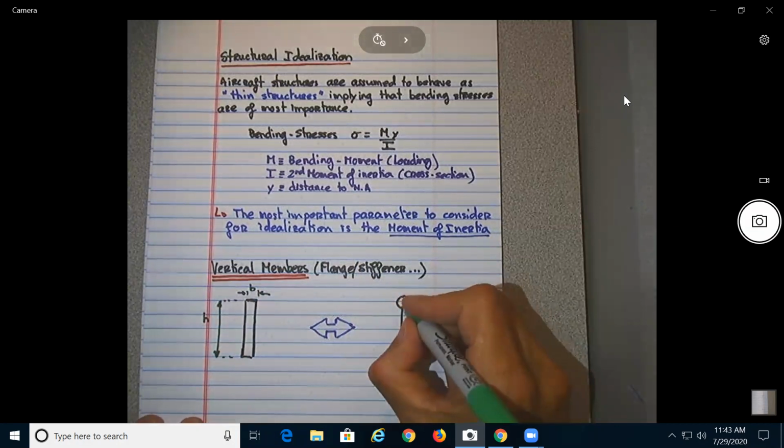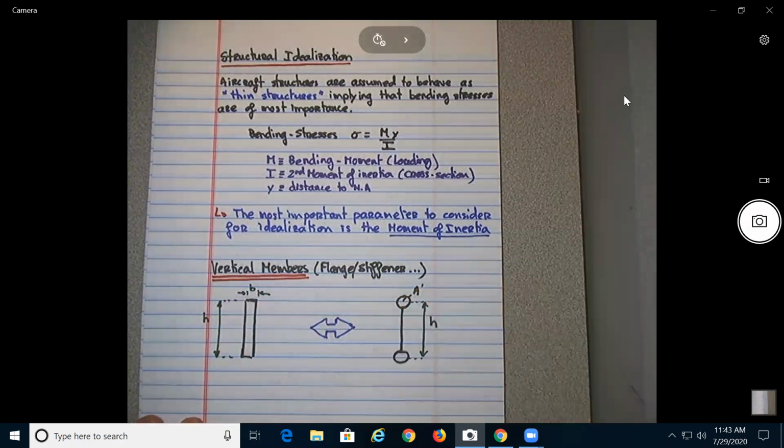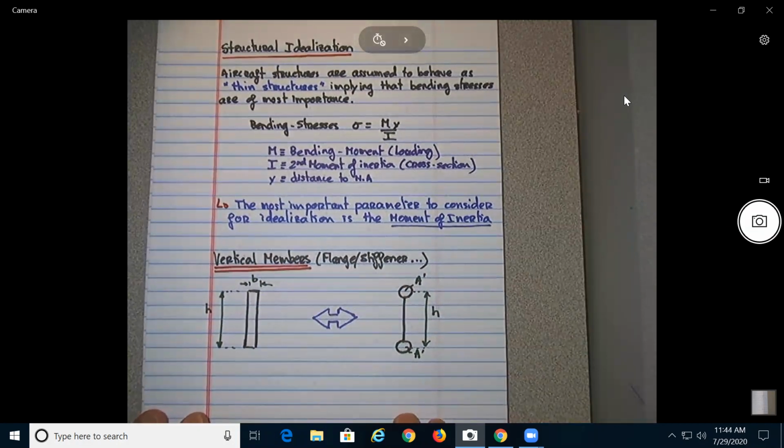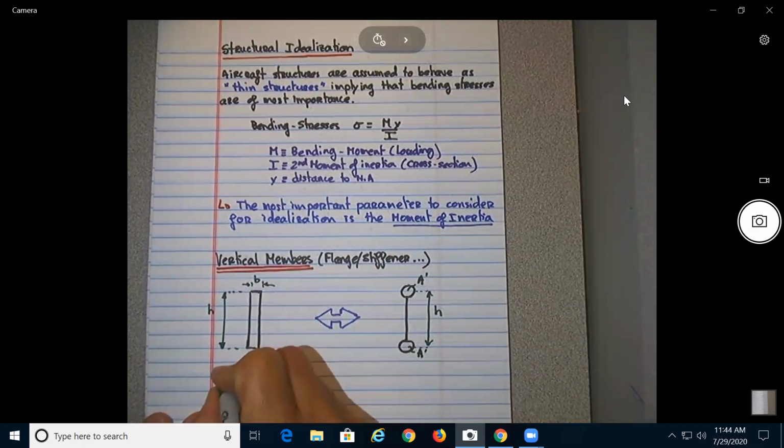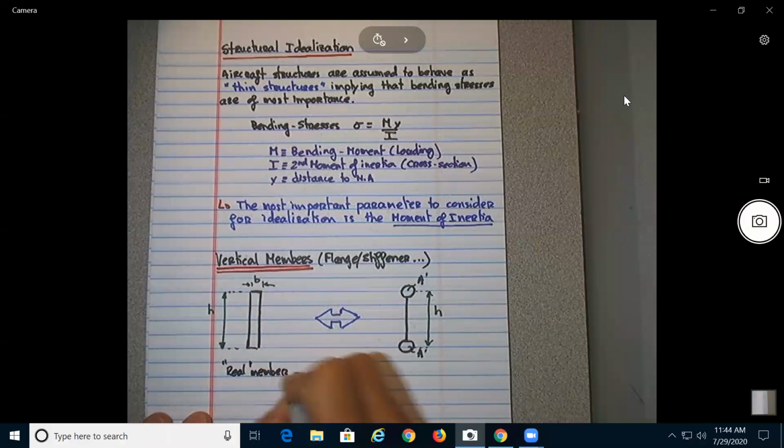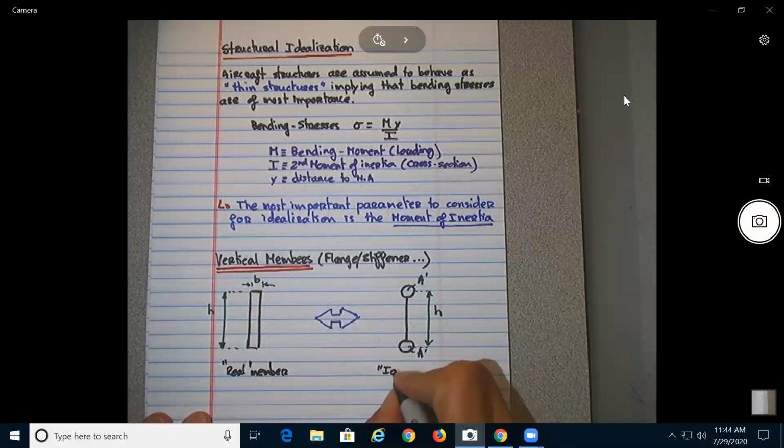And let's call these areas here A prime, okay? So if you want, here we have the real member. And this will be the idealized member.